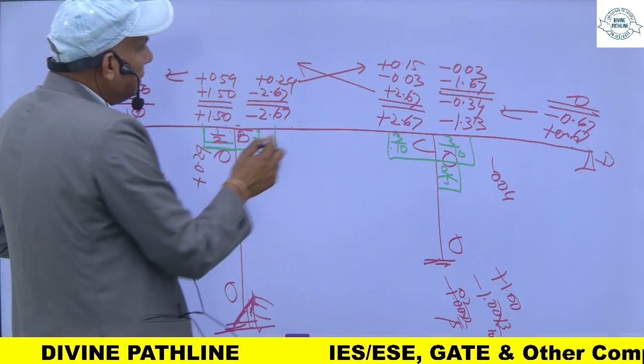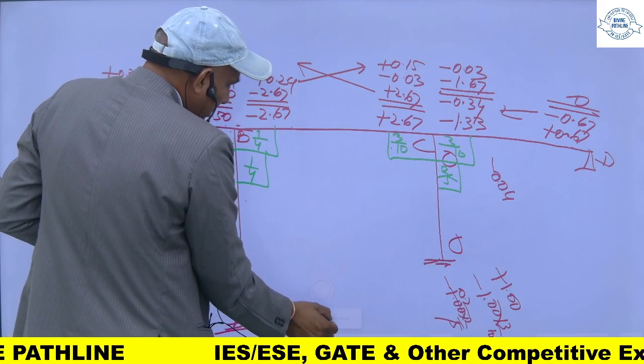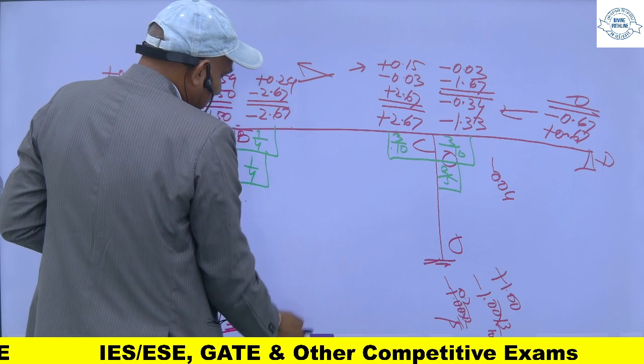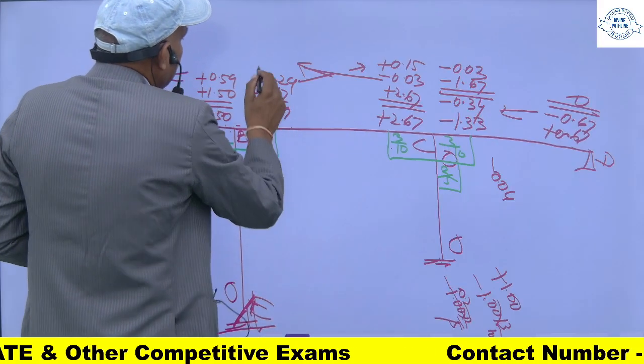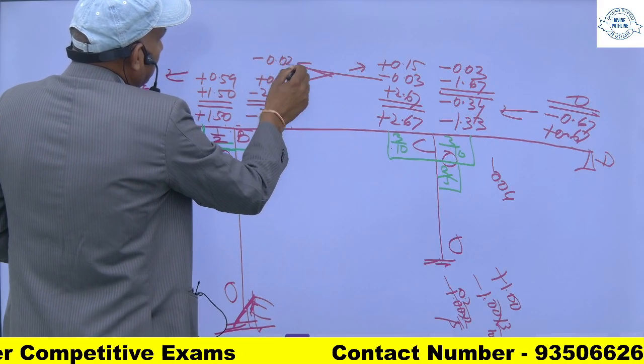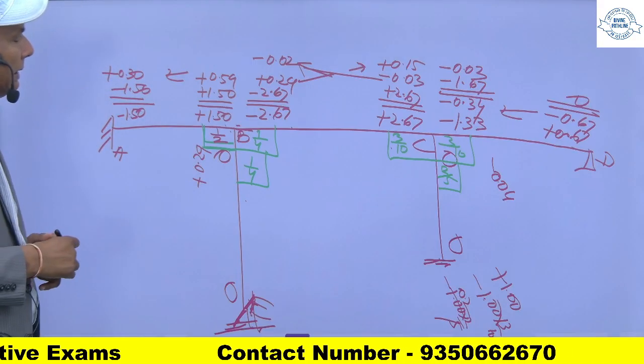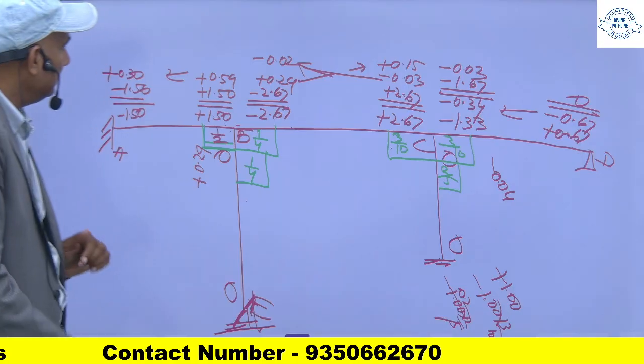Oh no, half of this one, you can say minus 0.02, and half of this will come here.